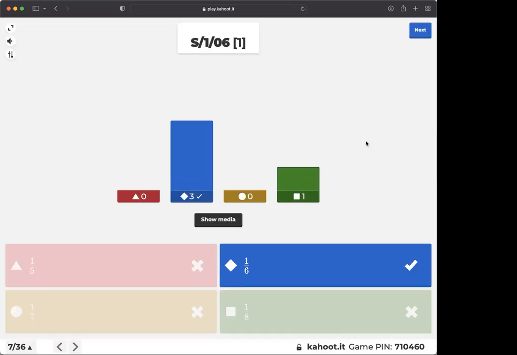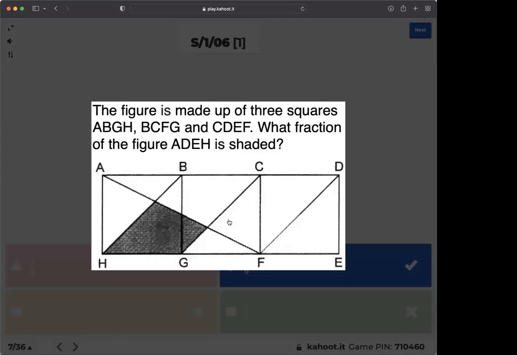Okay, one of you choose 1/8. Okay, let me go through this question with you. Can you all see over here, this part of the triangle? Can I put it here? So can you see that ABHG is actually 1/3 of the whole thing?